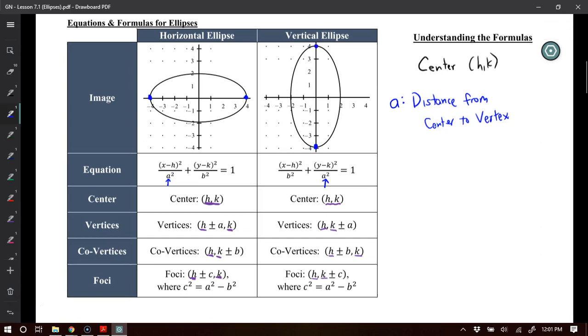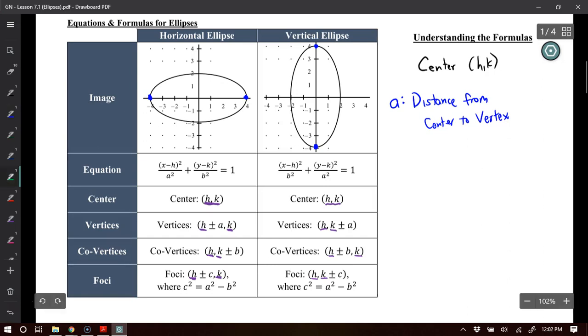That's why the A trade spots in the formulas. Now, one thing to keep in mind is, since its largest stretch is A, A is going to be the longest stretch, the largest denominator, because that's going to give you the furthest stretch on it.